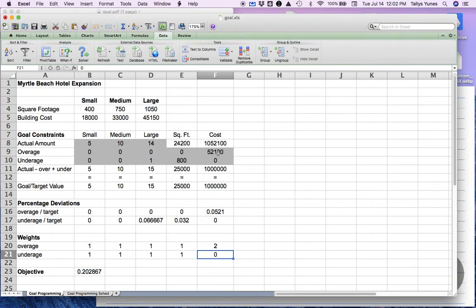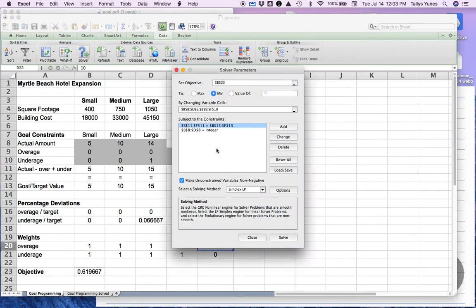As you can see now, we reduced the overage, right? Which is what we wanted. But there have been consequences. Now there is an underage in the area of 800 square feet, and I am under the large room count by 1. Let's say this guy still thinks this is too high, and then you get mad at him and say, I'm just going to put 10 weight on the budget.